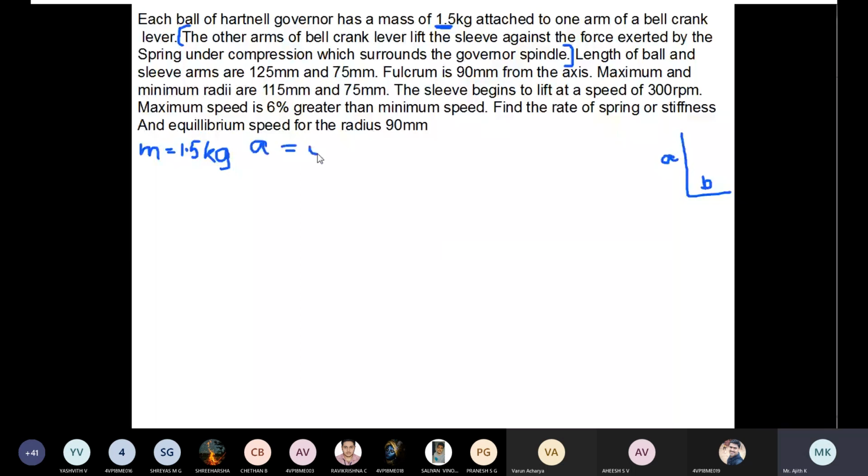We'll write it in meters: 0.125 meter. And the length of the sleeve arm, that means the B value, is 75 mm. We'll convert that into meters: 0.075 meter.